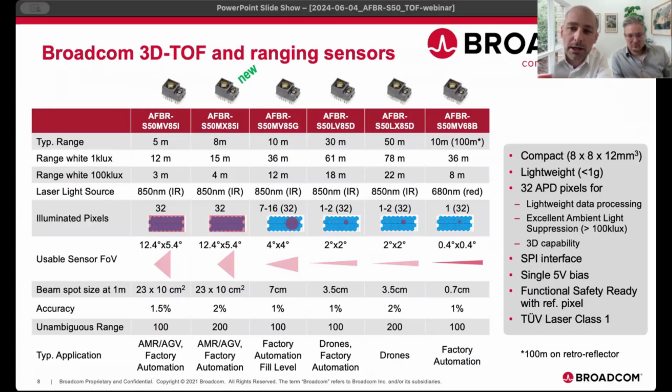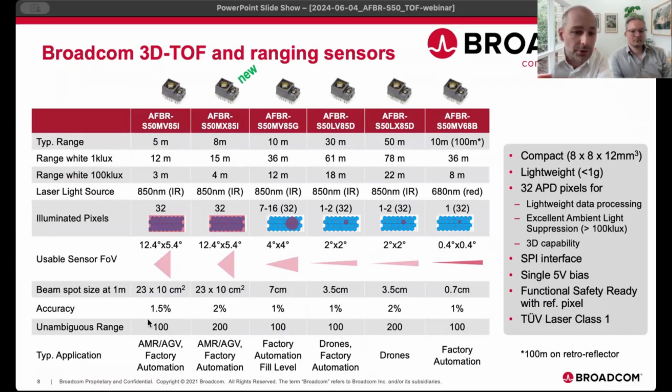With this one, we achieve ranges up to 100 meters, for example, onto a retroreflector target. And we will talk about where to use this very good performance. You see it also in the table, the ranges we achieve on white targets at 1 kilolux, so indoor environment, to 100 kilolux, which ranges from about 3 meters up to 78 meters.